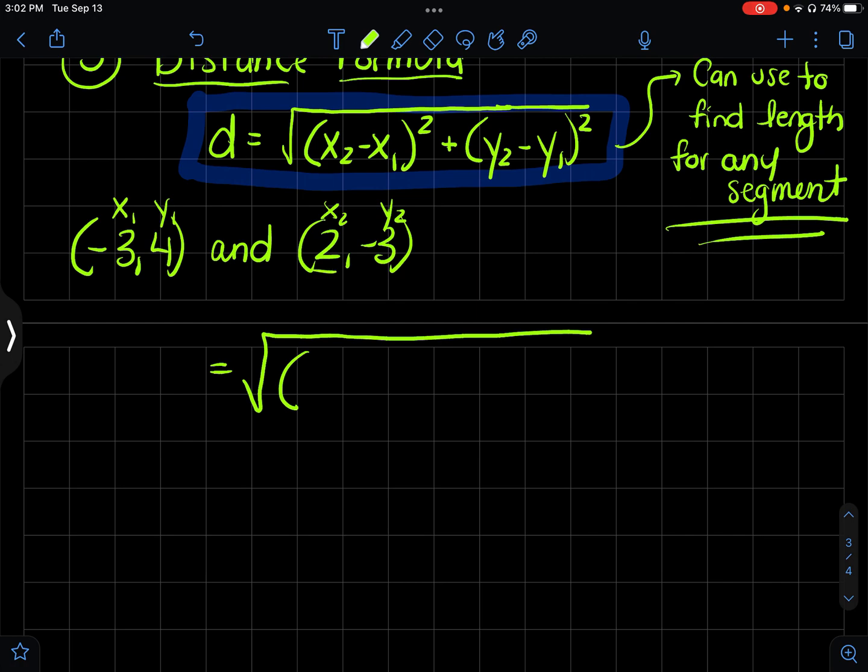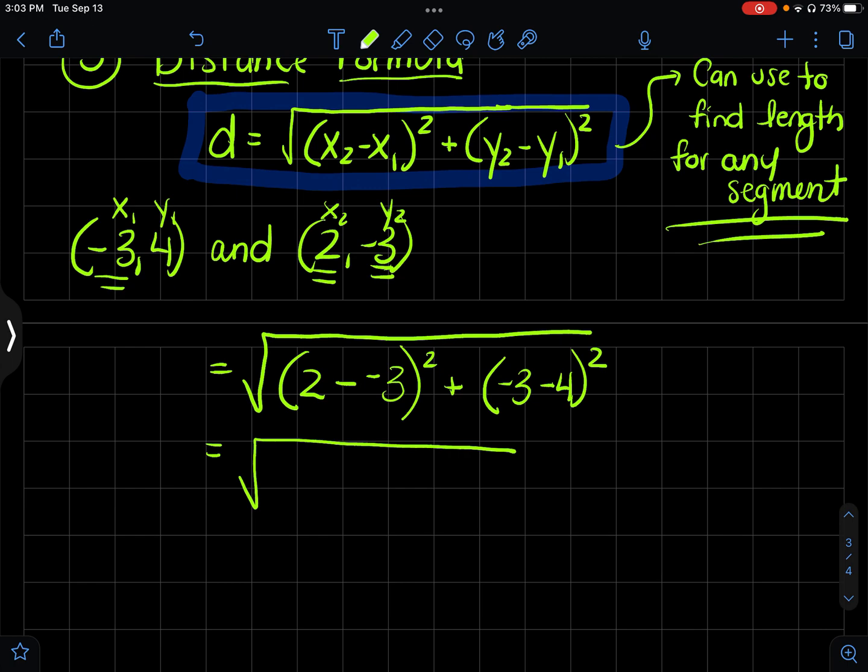So x2, I'm actually even going to underline as I plug it in, minus x1, minus a -3. And you also have to be careful with that sign. Plus y2 is -3 minus 4 squared.